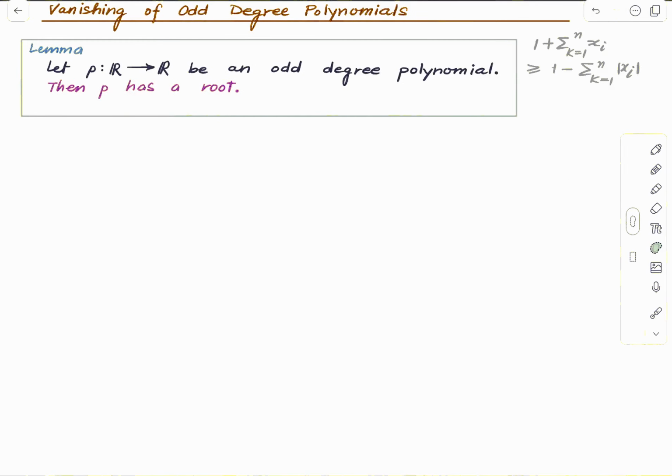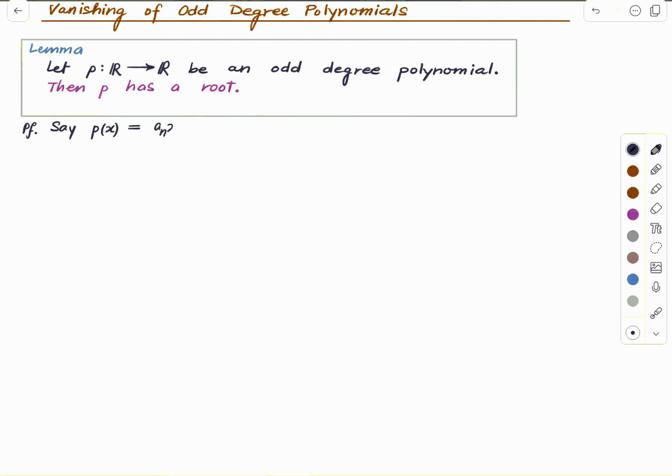So here is the formal statement. We have an odd degree polynomial p, and we want to show that it has a root. Let's fix some notation. Let's say p(x) is this for all reals.